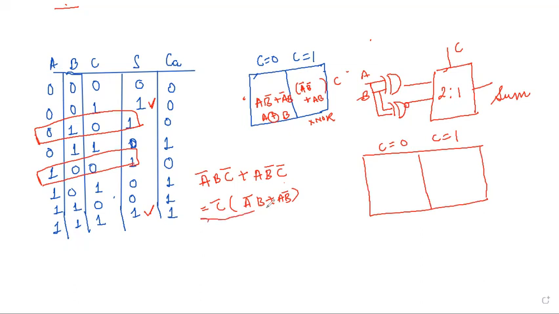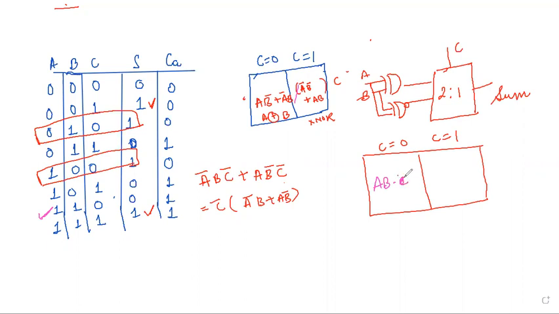If we try to observe the truth table, when the carry is high, there is only one term which I'm going to mark in pink color, that is 110, that is A and B. So basically here the term is AB into C bar.